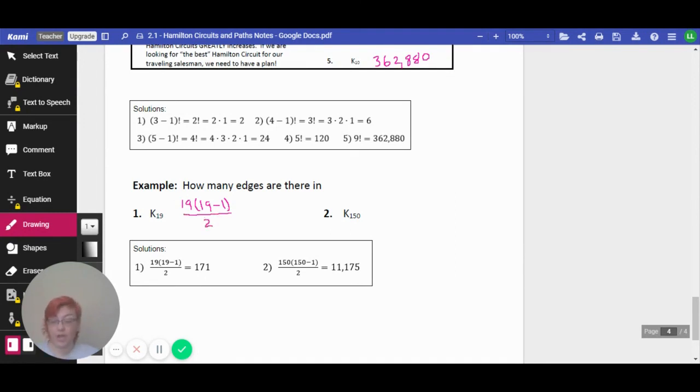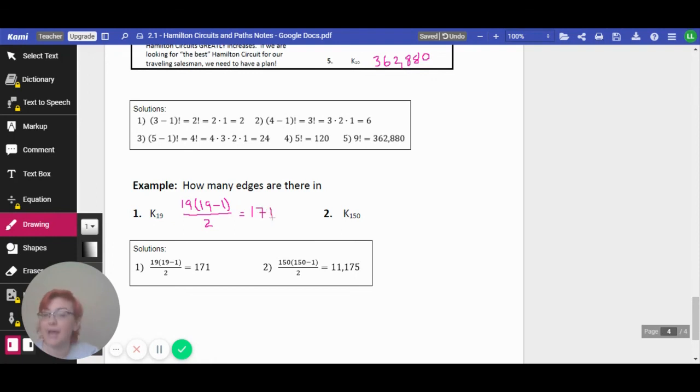All right, if you're going to put this in your calculator, make sure you use those parentheses. N times n minus 1 divided by 2 gives you a total of 171 edges in a K19.